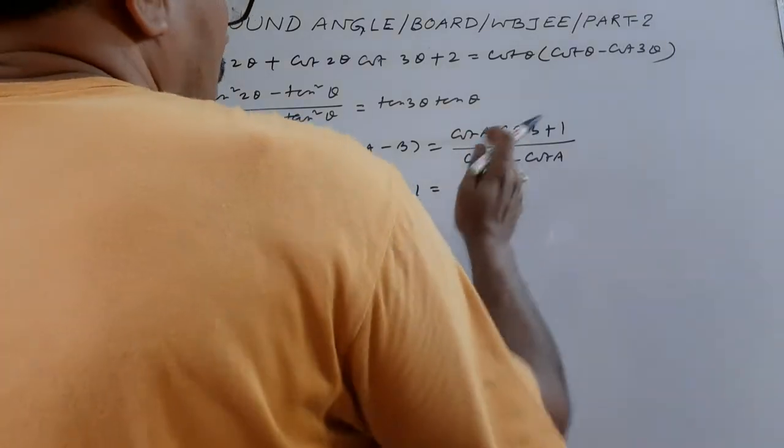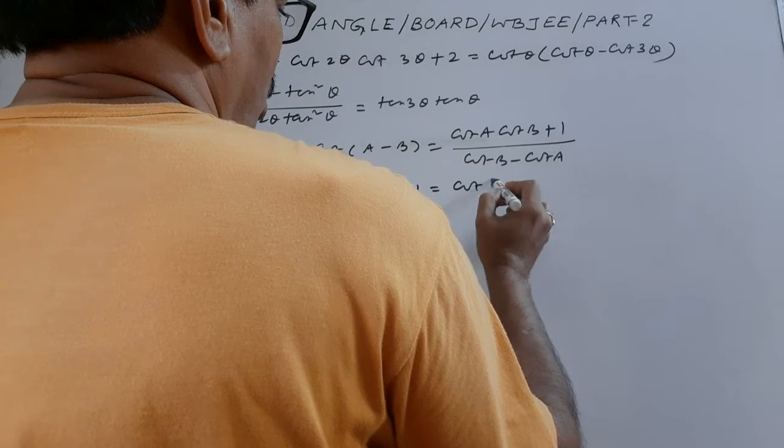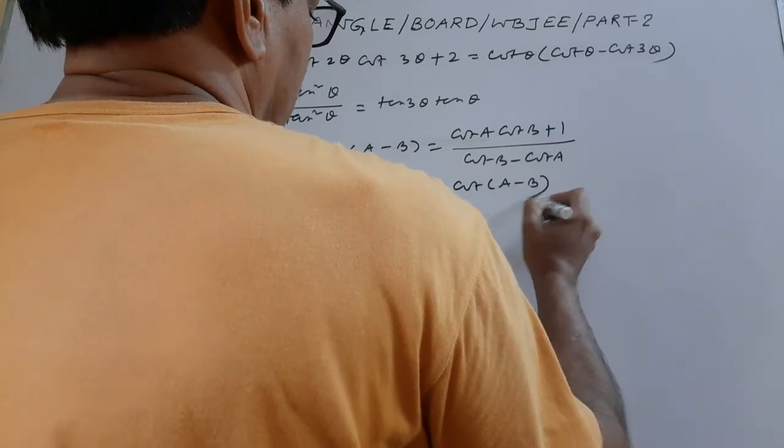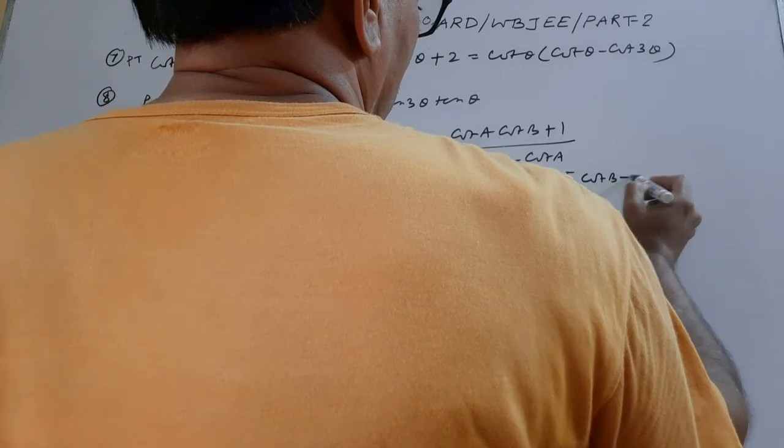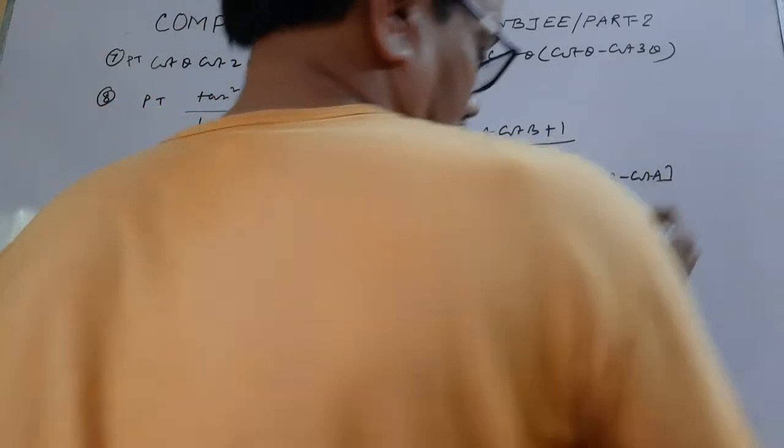Cot A cot B plus 1 equals cot of A minus B into cot B minus cot A.